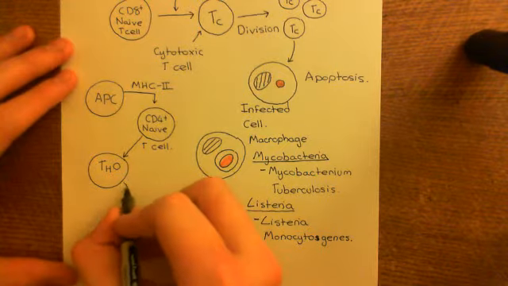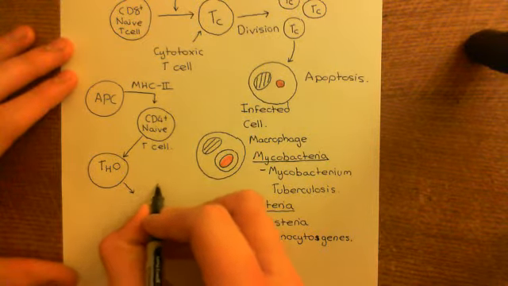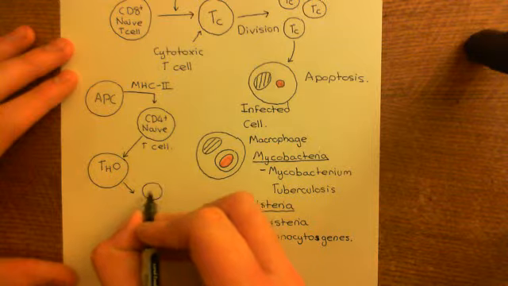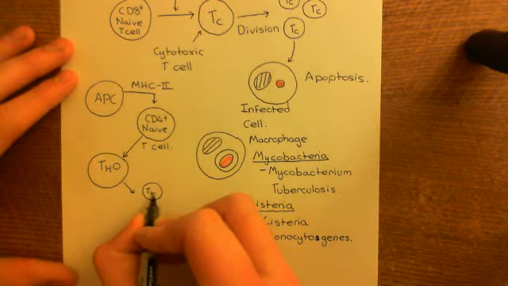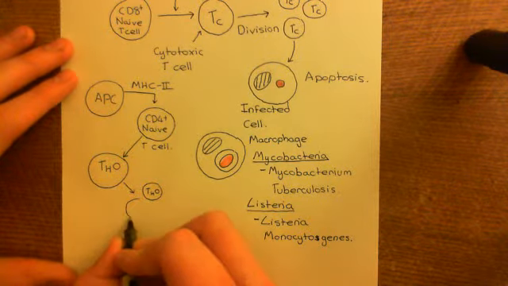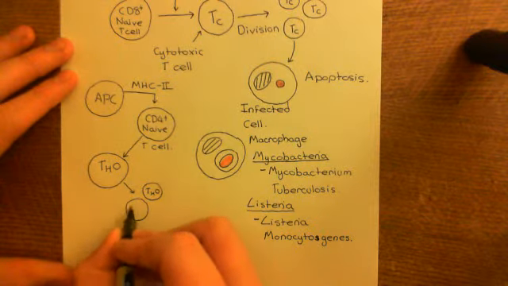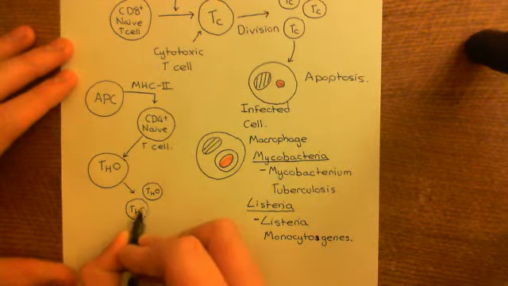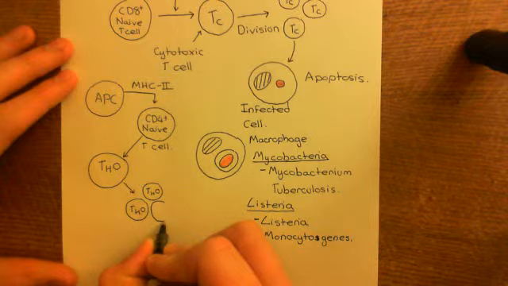These T helper naught cells will divide, so you'll end up with many of them. Okay, so here's another one. And then these T helper naught cells will differentiate.